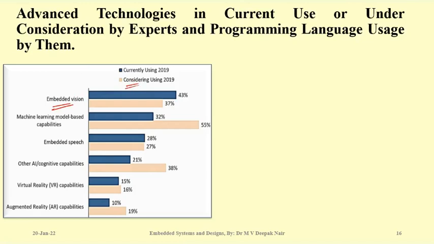Embedded vision means even LDR, that means lidar kind of technologies, or there are headsets which are used to play video games, virtual games and all. So embedded vision is one of the hottest topics, and definitely machine learning based systems.